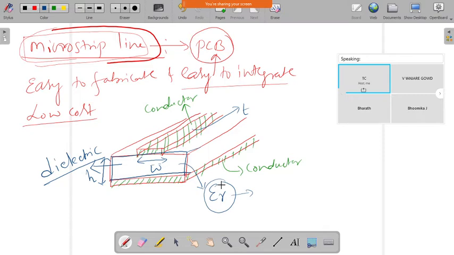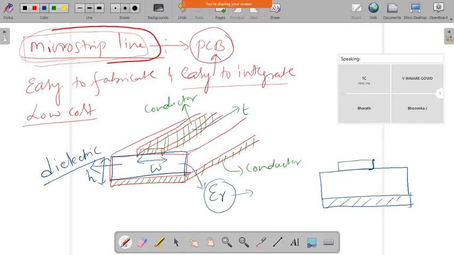Now let's see the wave propagation, or field configuration, for this microstrip structure. If you take the E field and H field configuration, the E field emerges from this conductor and goes to the ground plane.